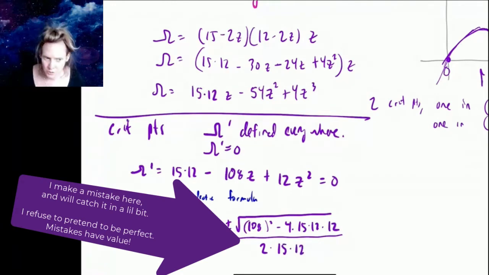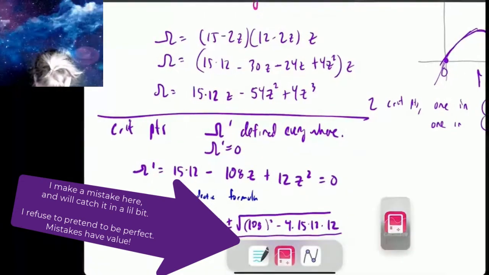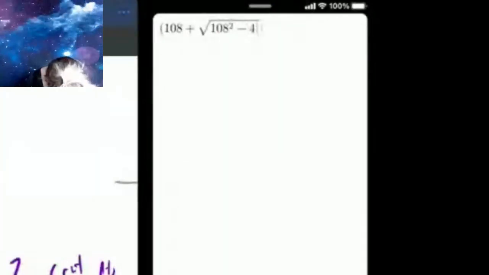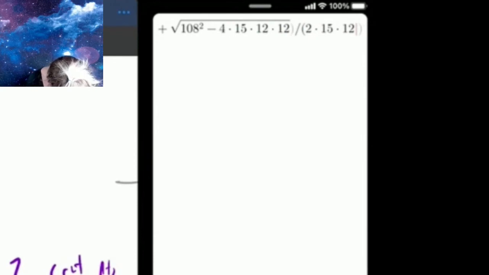And now let's just run that through a calculator, shall we? So let's open a parentheses, and here's going to be our numerator, 108, plus, we'll do the first one first, plus the square root of 108 squared, minus 4 times 15 times 12 times 12, minus 4ac. Right, divided by, open a paren, 2 times 15 times 12.